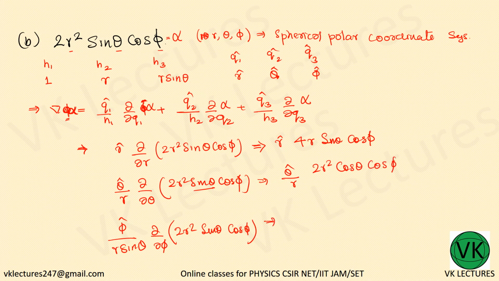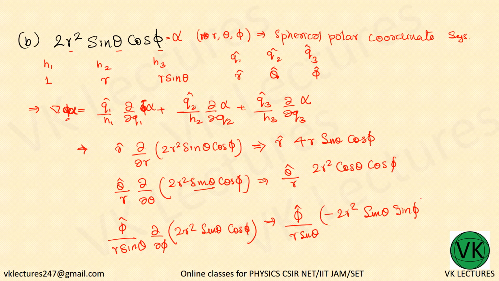This is equal to phi cap by r sine theta. With respect to phi, cos phi will become minus, so minus 2r square sine theta sine phi.